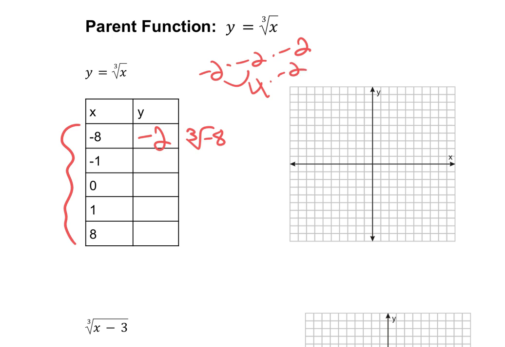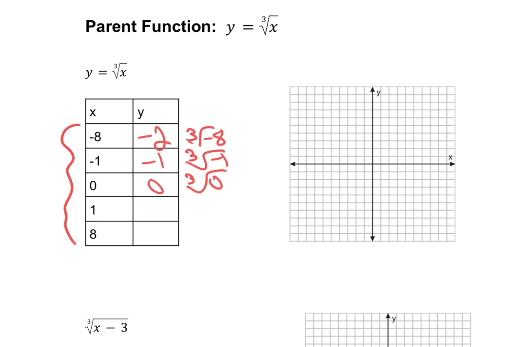So we have a negative that we're taking a cube root of, and the answer is going to be negative. Then the cube root of -1 is -1. The cube root of 0 is just 0. The cube root of 1 is 1. And the cube root of 8 is 2.